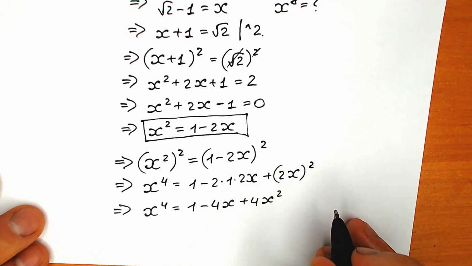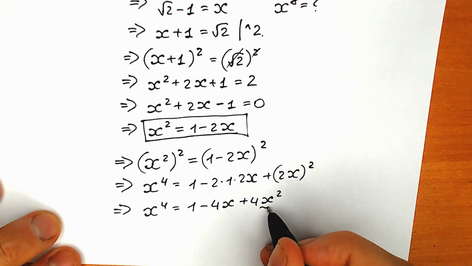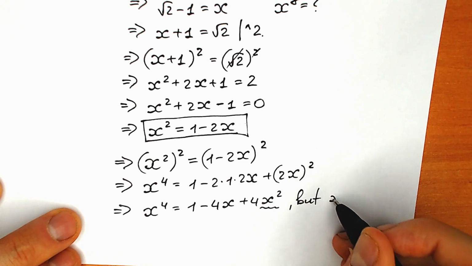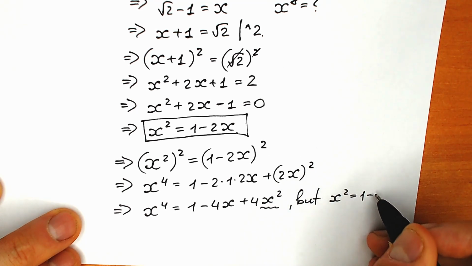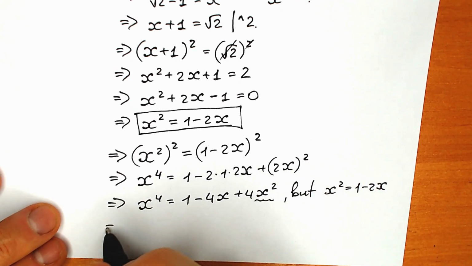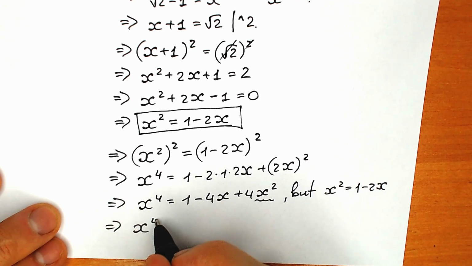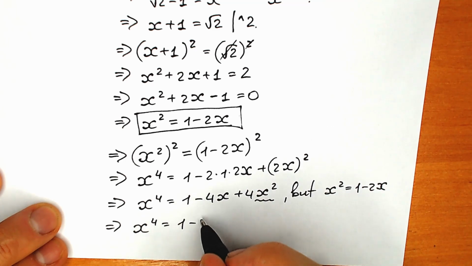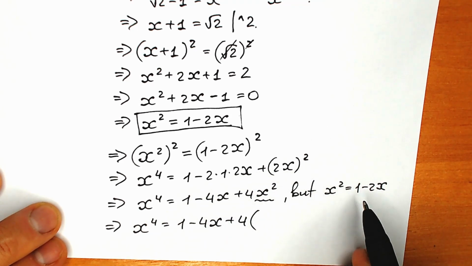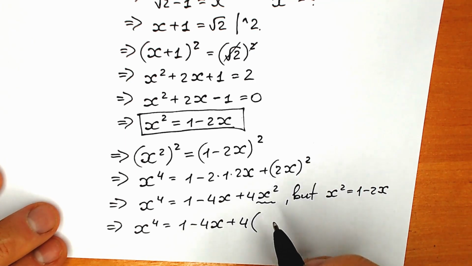But don't forget that x squared is equal to 1 minus 2x. So we write 4 times x squared, where x squared equals 1 minus 2x.